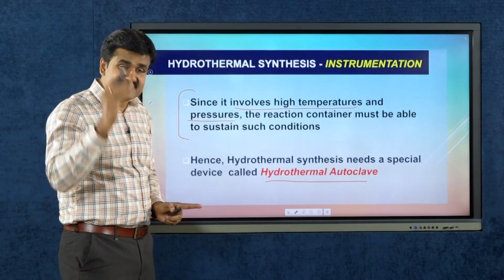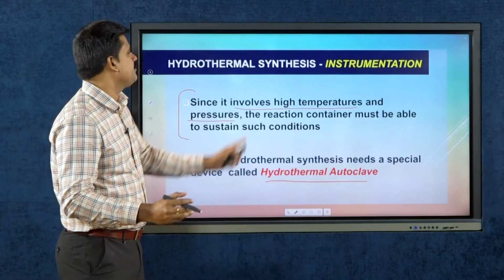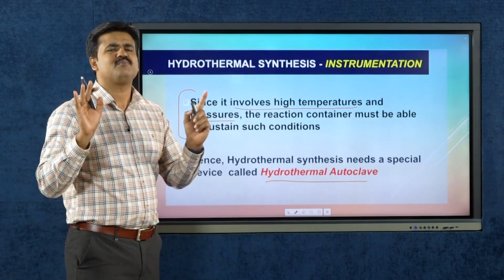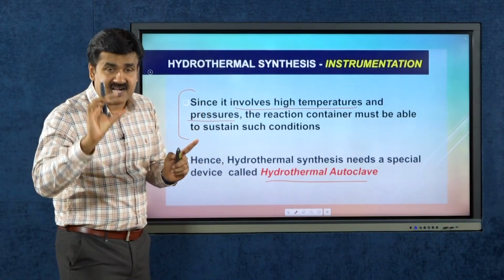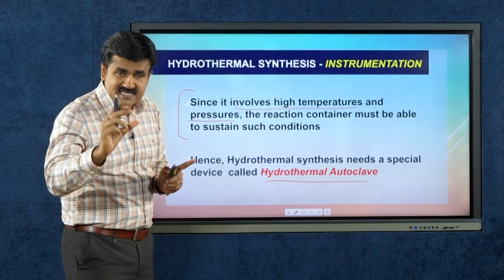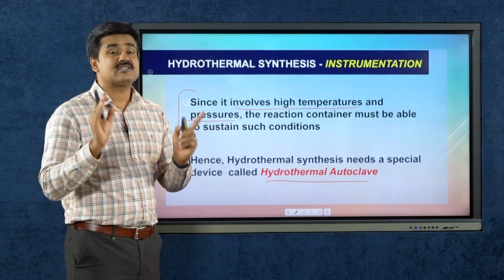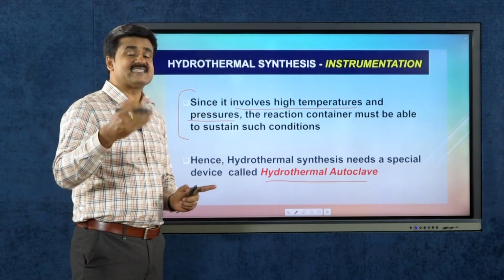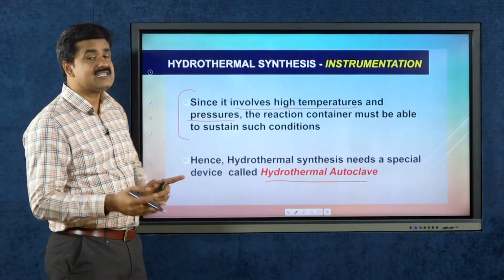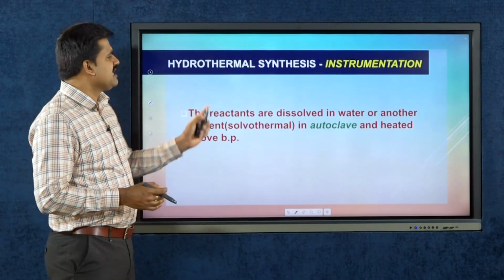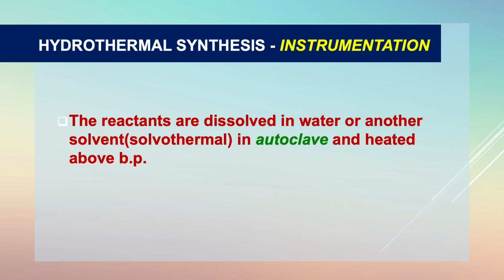The reaction vessel must be able to sustain the very high temperature as well as the high pressure. It is possible with the help of an instrument called a hydrothermal autoclave. If you are using some other solvents, you can call it a solvothermal autoclave. Now, the reactants are dissolved in water or another solvent in an autoclave and heated above the boiling point.